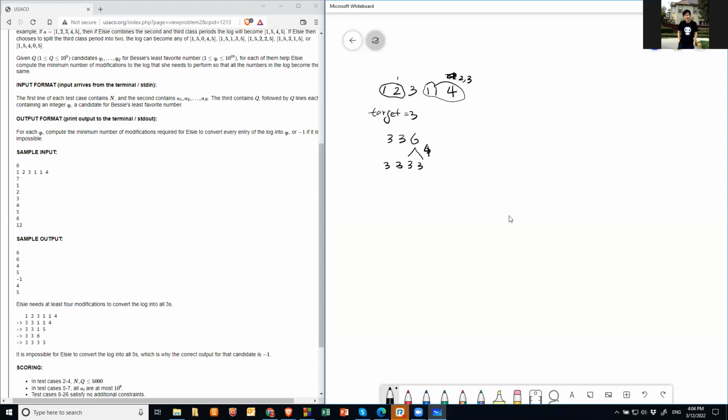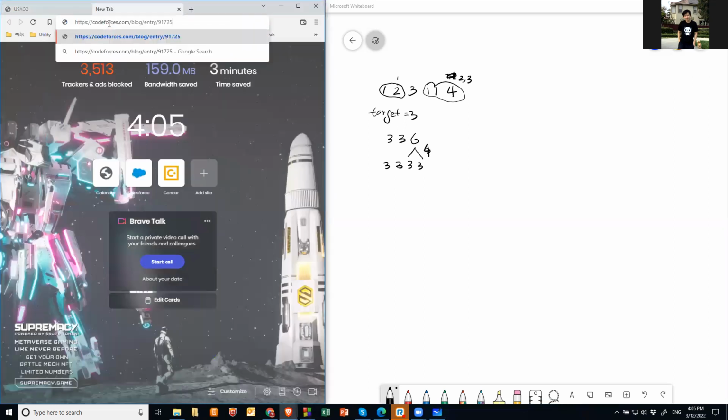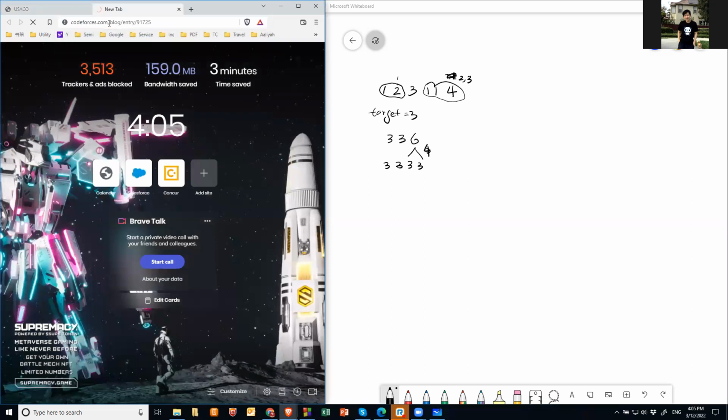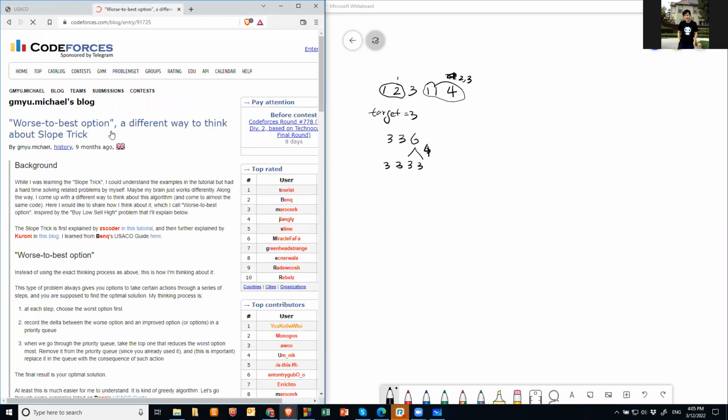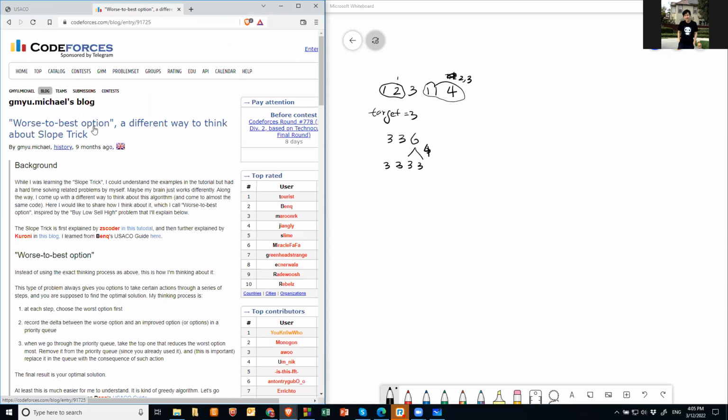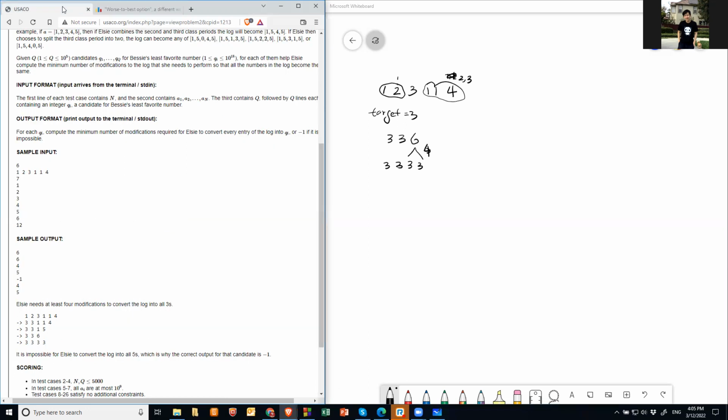So how do we think about this problem? The way to think about it is to use a concept called the worst-to-best approach, which is in this Codeforces blog. I want to turn all of this into a single number.